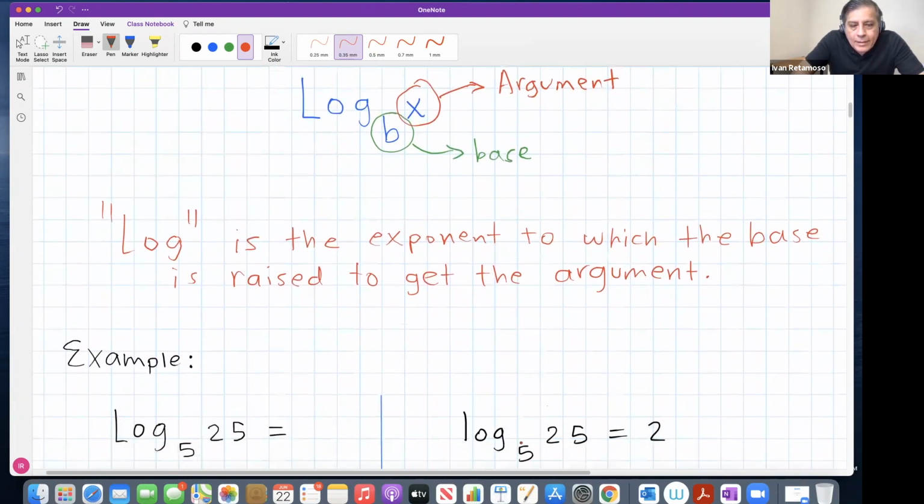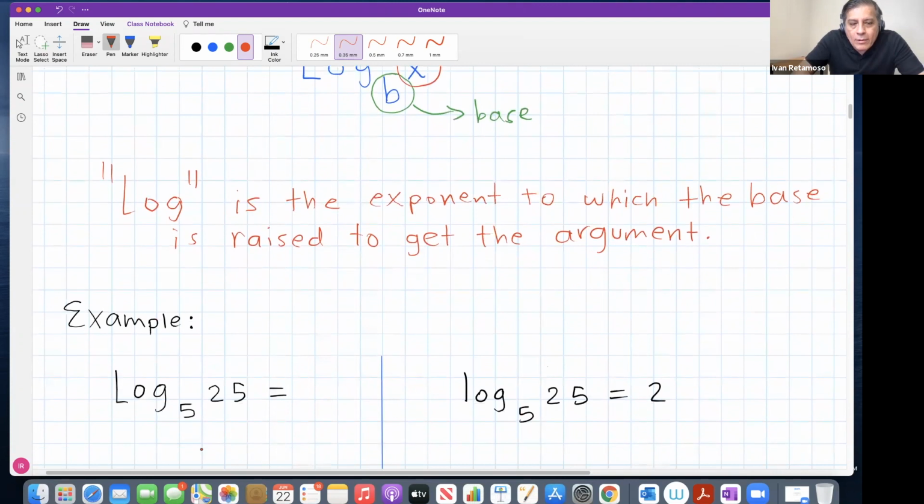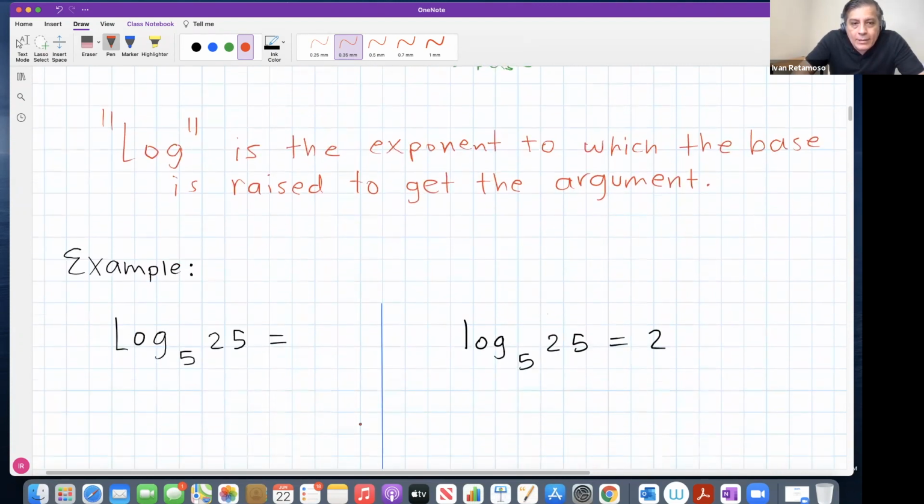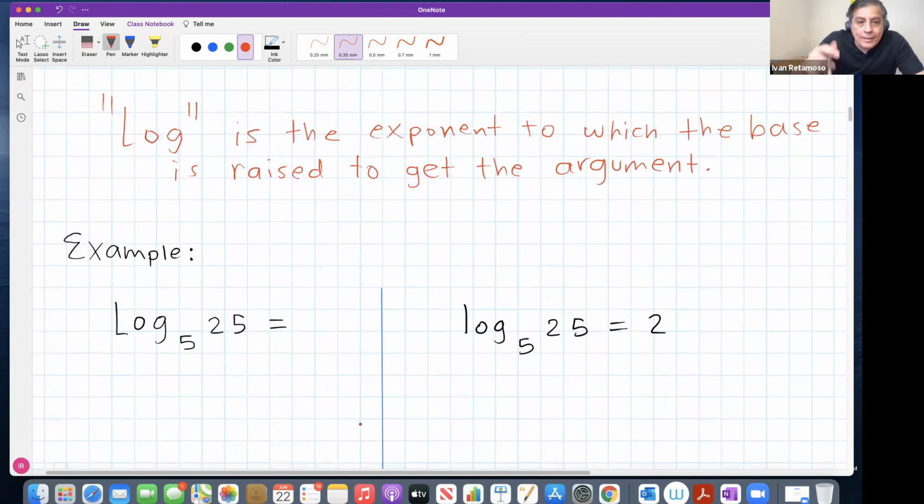Example here: what should be the log base 5 of 25? Well, we have to ask ourselves, what should be the exponent I should place on top of this number 5 to get 25?